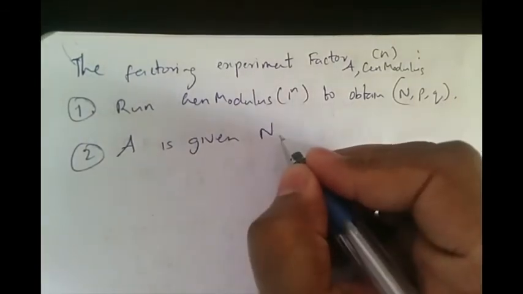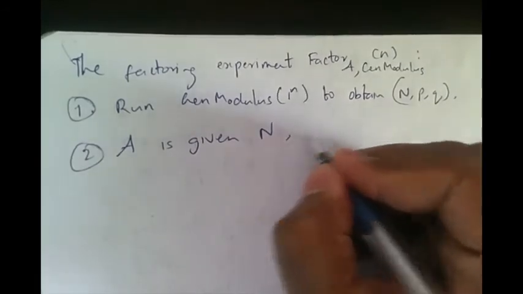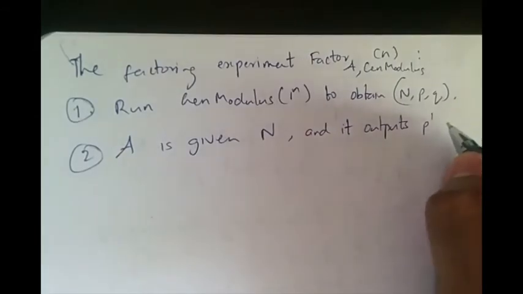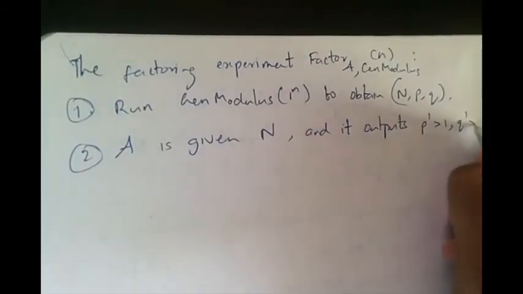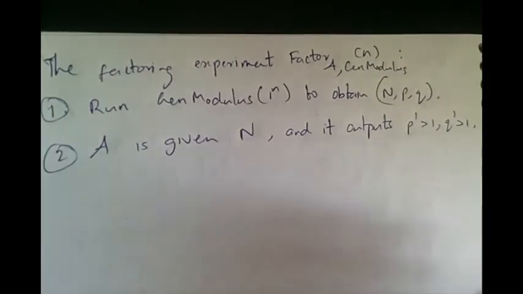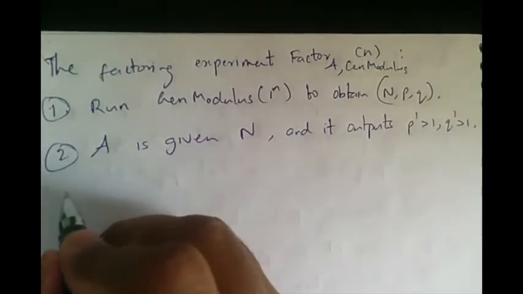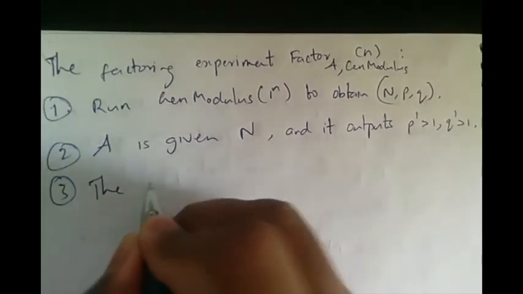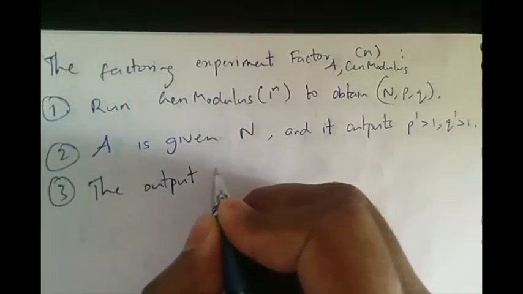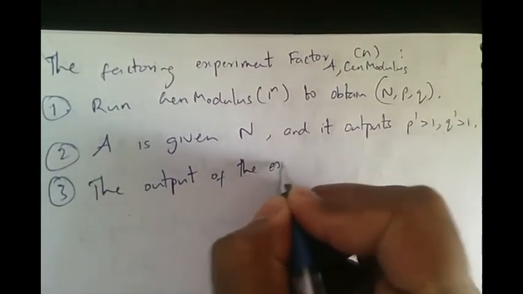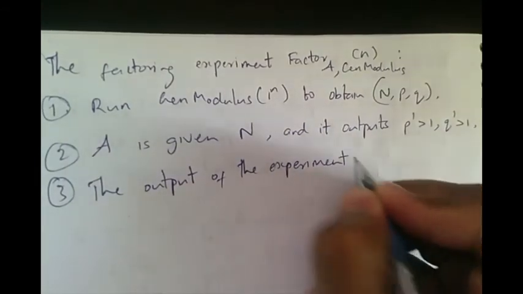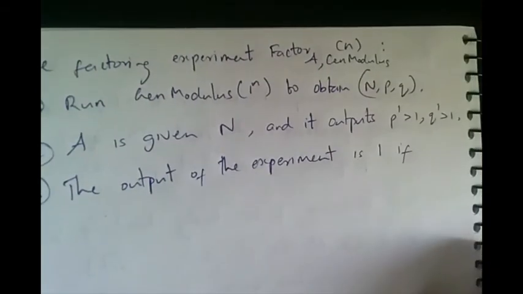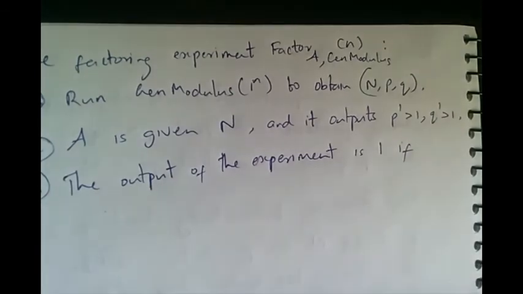Then the adversary is given only the first one, only N, and it outputs p prime and q prime, greater than 1. It outputs a pair of integers, p prime and q prime, greater than 1. So we say that the adversary succeeds, that is, the output of the experiment is 1, if N is equal to p prime times q prime, and 0 otherwise.